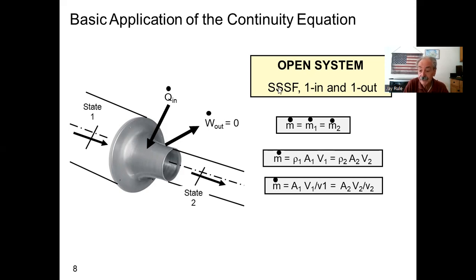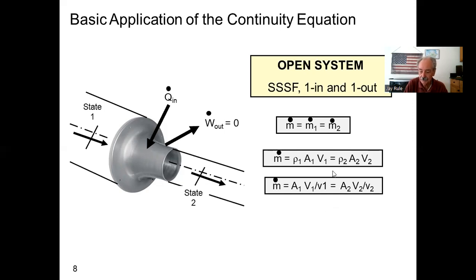Open system, steady state, steady flow. One inlet and one outlet. Since it's steady state, steady flow, m dot 1 equals m dot 2. Remember the jingle. m dot is rho 1 A1 V1, exactly equals rho 2 A2 V2.